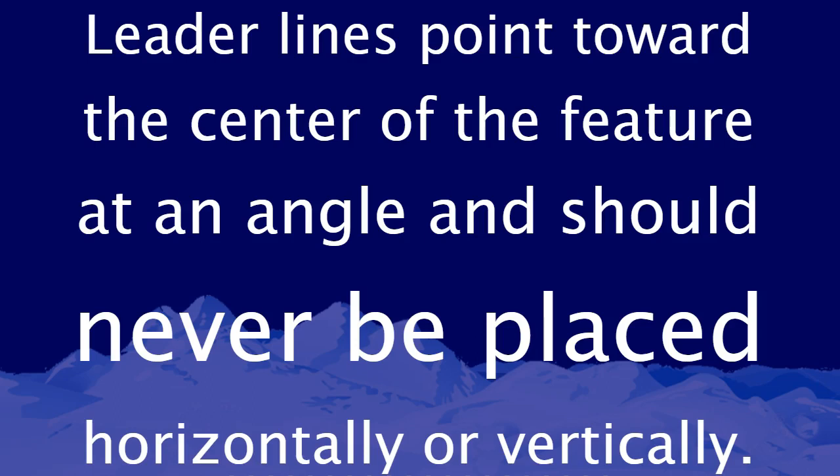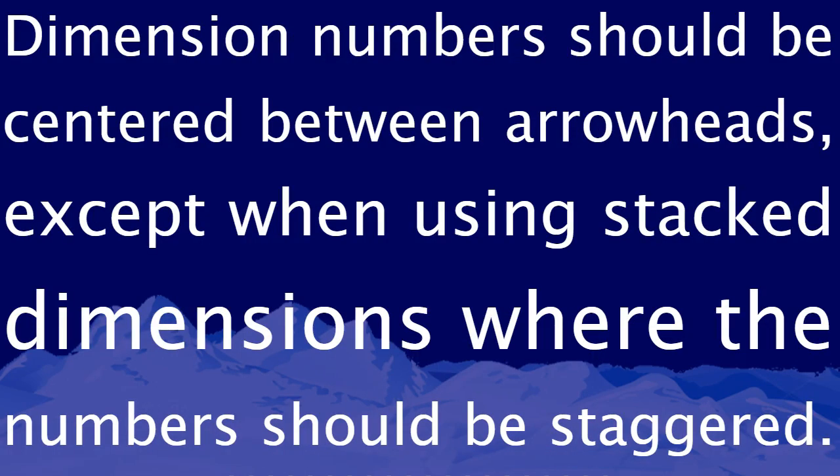When there's multiple leader lines, let's say you have a part that has a lot of concentric circles, I usually start with the biggest one at the top and go down the page, getting smaller and smaller so that they're organized. What this is saying is if you have dimensions, they should be centered between the arrowheads.